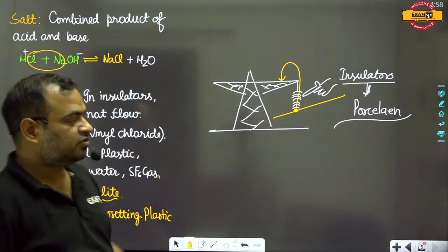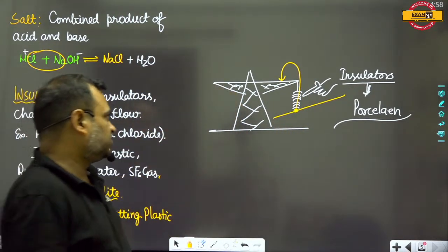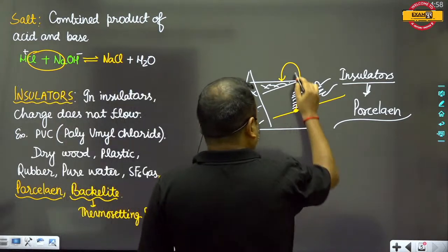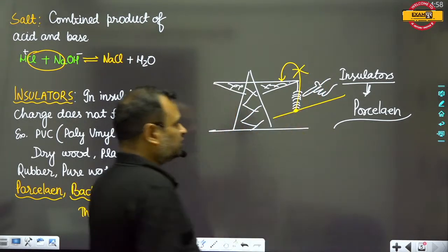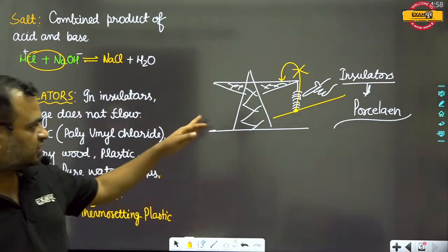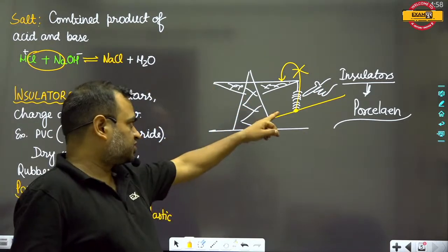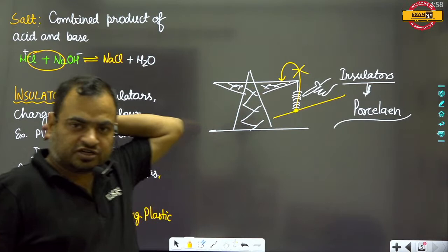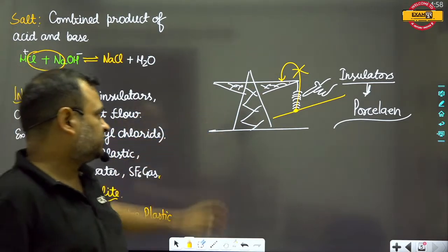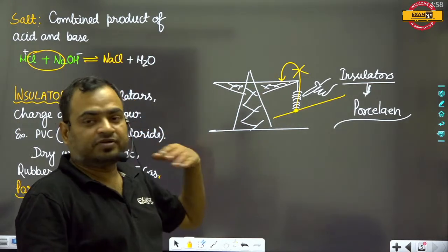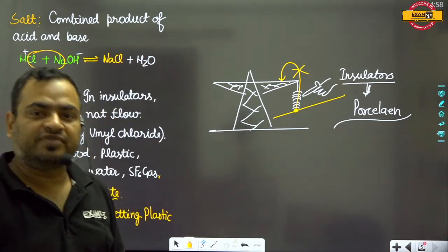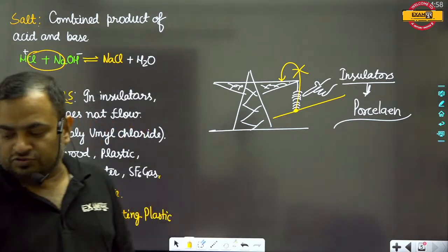Not even 1% of electricity can be transmitted. They 100% prohibit the flow of charge from the conductor to the metallic structure of the pole.